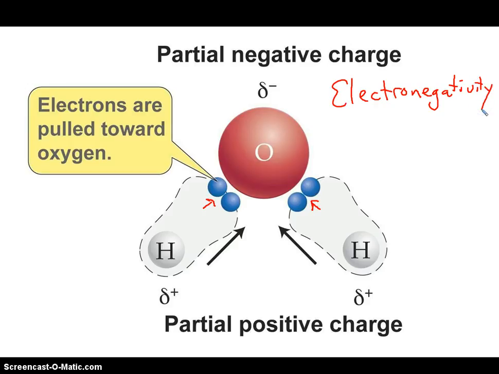So the electrons are pulled towards the oxygen. It gives it what's called a partial negative sign, and the hydrogens are left with a partial positive. This little symbol that we see here means partial. So there's not a complete separation of charges like we might see in an ionic compound. Water's covalent, but it's a polar covalent because there's a separation of charges where the electrons are unequally shared.